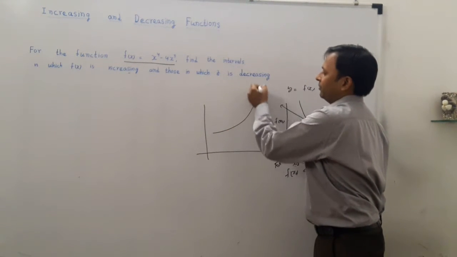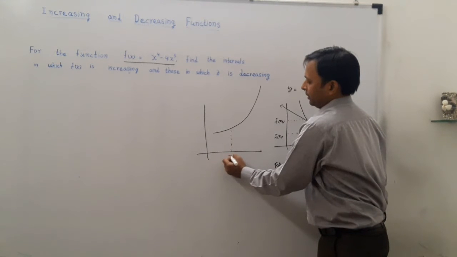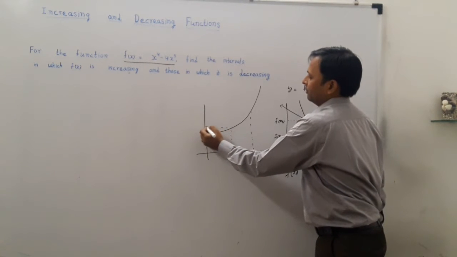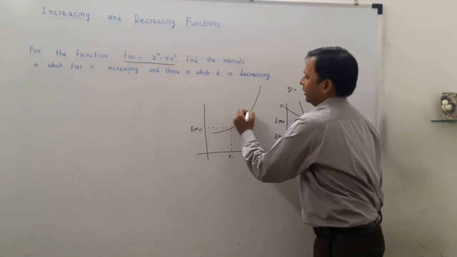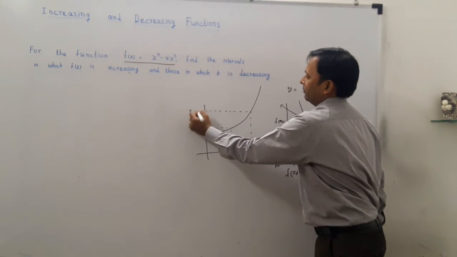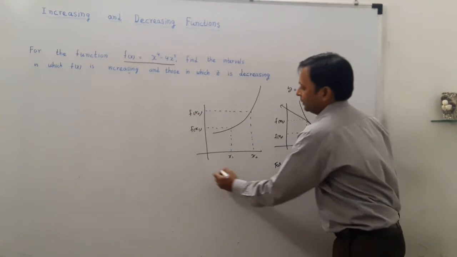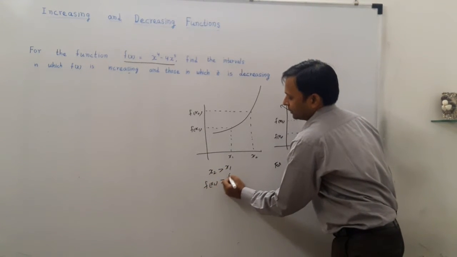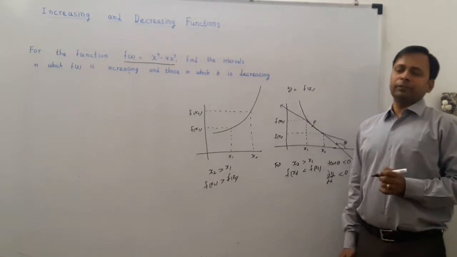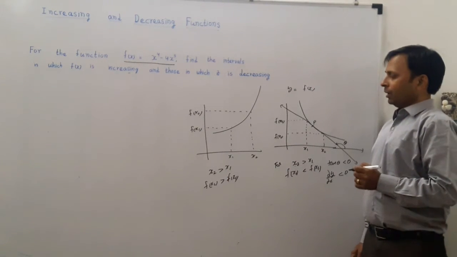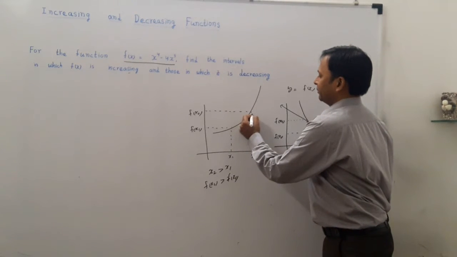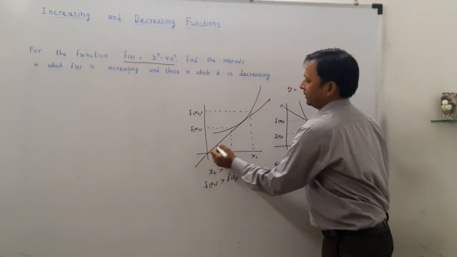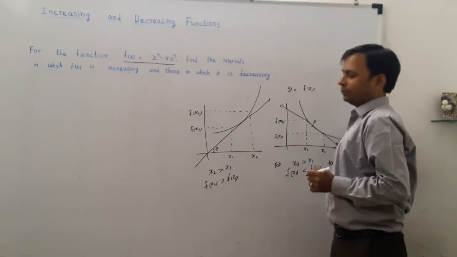Now take another function, let us say it is an upward sloping function. If I take a point x equal to x1 and x equal to x2, at x1 the function has the value f of x1, and at x2 the function has the value f of x2. Now here if you see, for any value of x2 greater than x1, f of x2 is always greater than f of x1. So what does it mean? It means that if I draw a tangent at any point, this tangent will make an angle with the x-axis which is always acute.